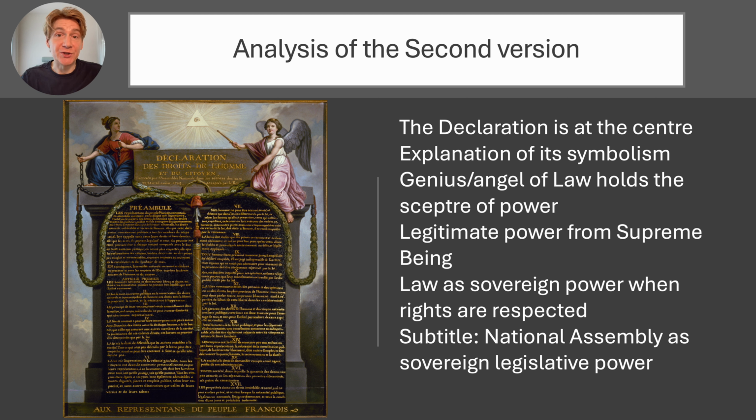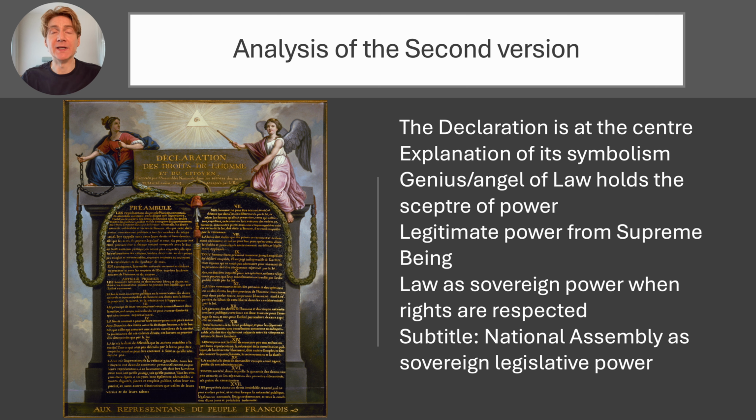So what interpretation can we give of the second version then? First, the fact that the declaration is placed at the center and takes up most of the space shows that this is not an illustration of the historical conditions and origins of the declaration, but only the declaration itself with a discrete reference to its origins and legal source, and a symbolic explanation of what political and legal consequences it entails.